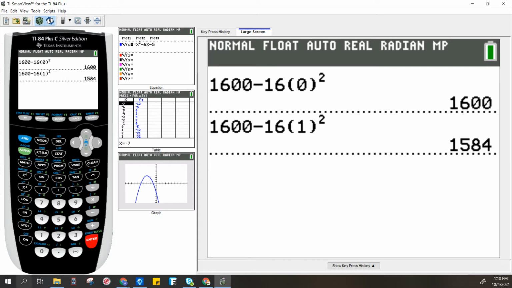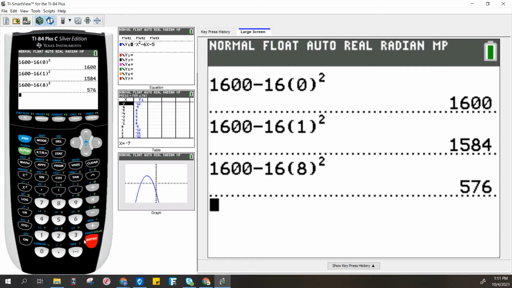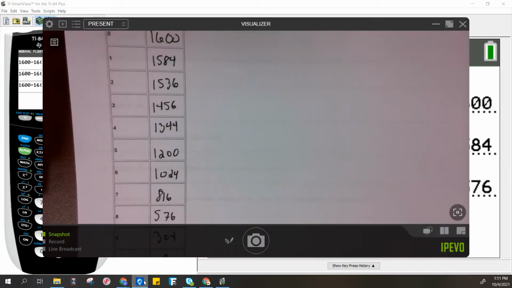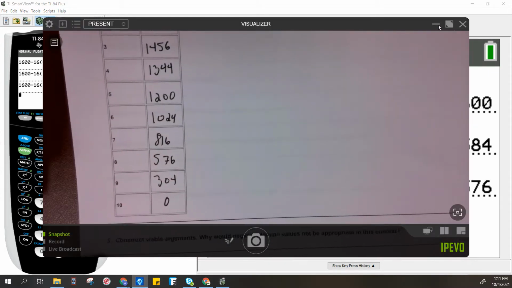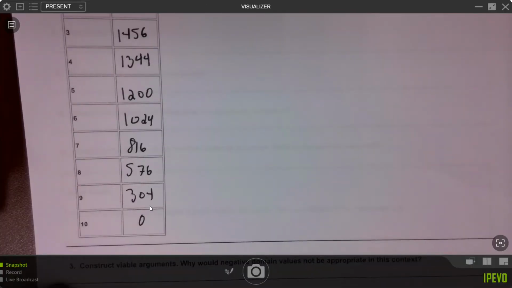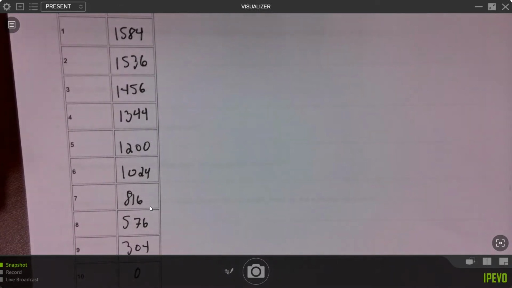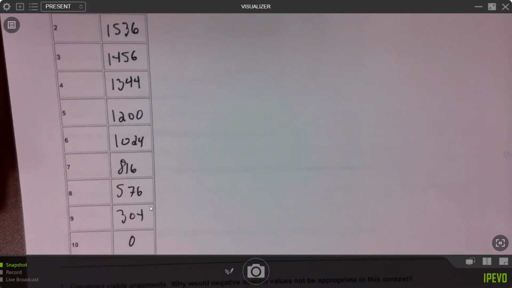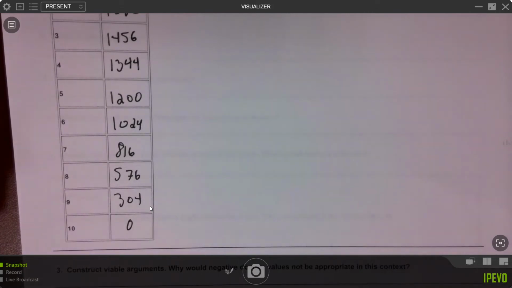I keep doing this. I'll do one more: 1,600 minus 16 times 8 squared, and we get 576. So there's each of the values. You could pause it as you go along, but it asked us to find each of those.